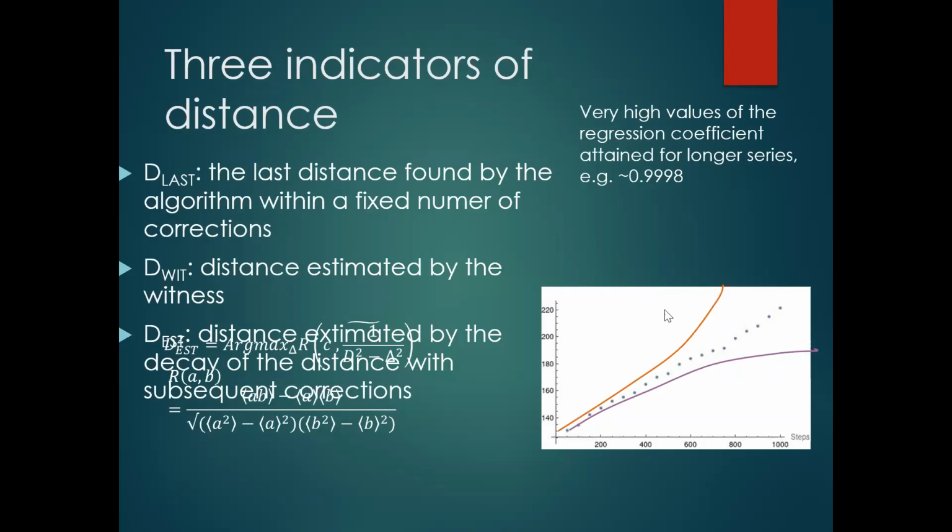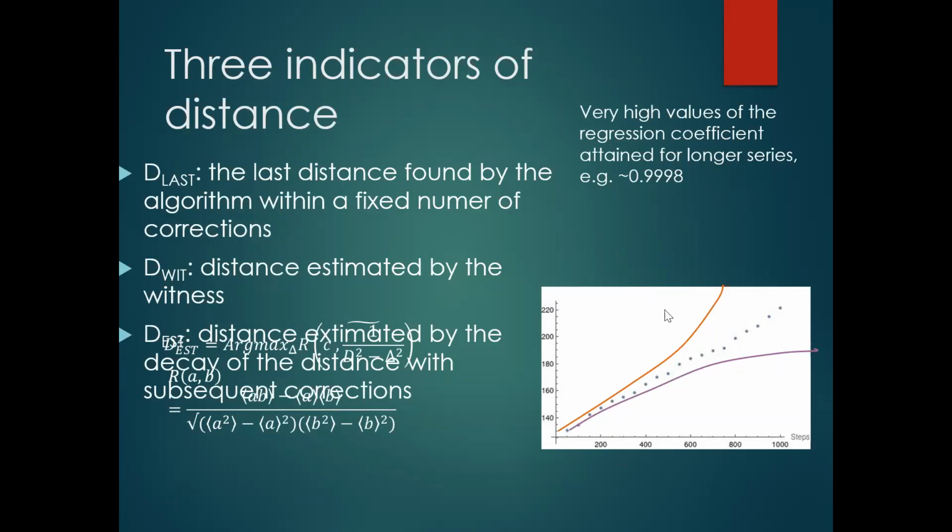The other information that is very useful is the decay. Basically, d squared would decay to the limit like 1 over n, where n is the number of steps.